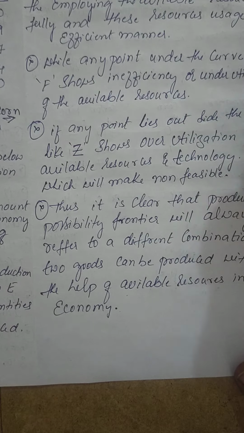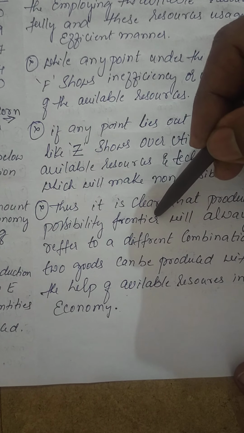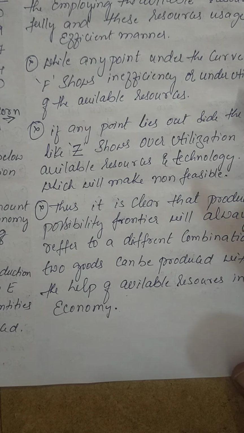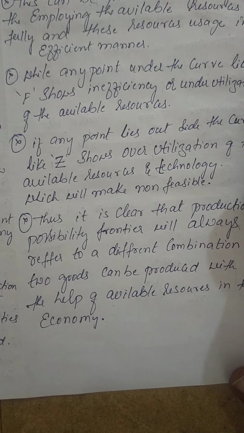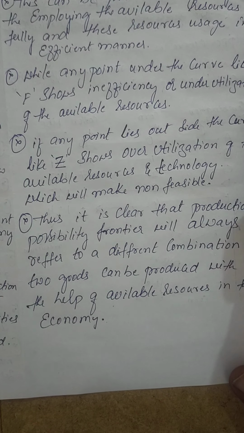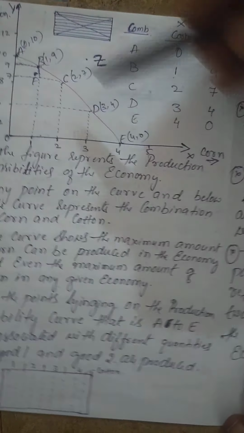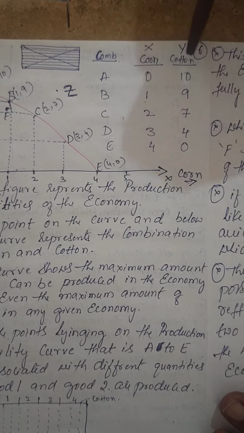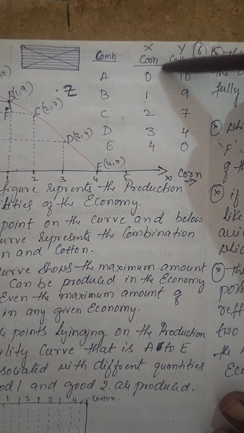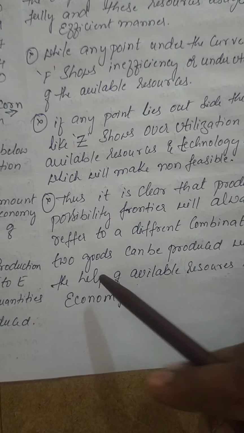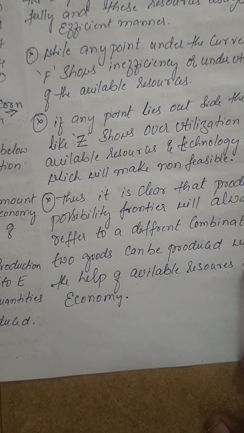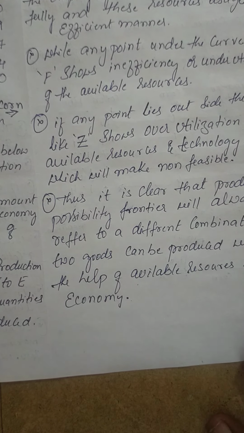It is clear that the production possibility frontier will always refer to different combinations of corn and cotton, various combinations of production using the available resources in the economy.